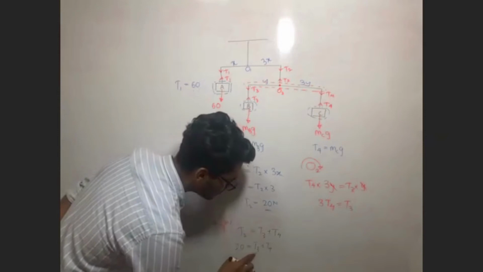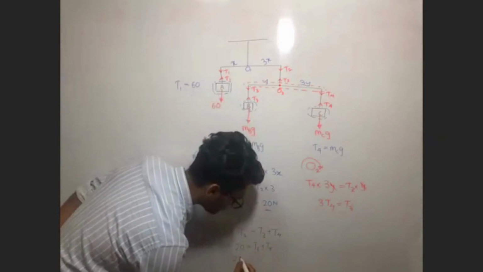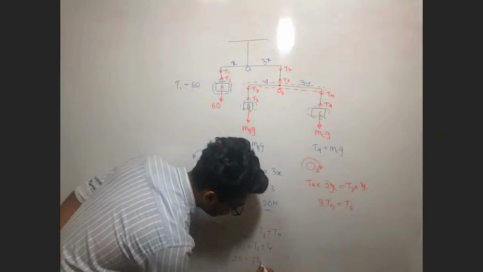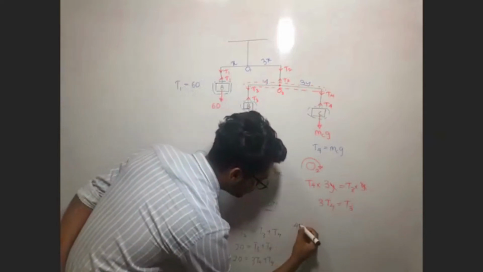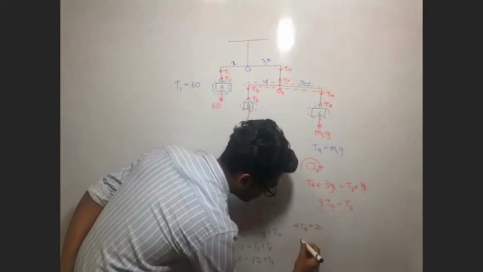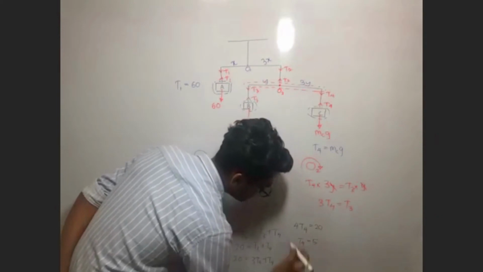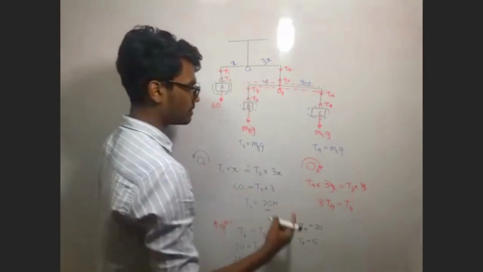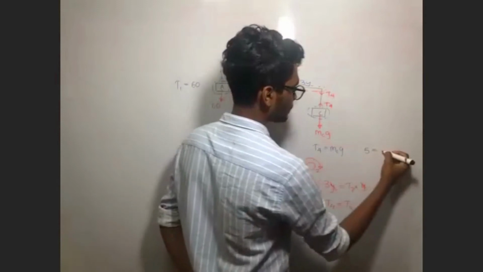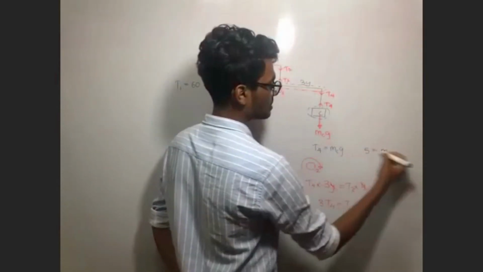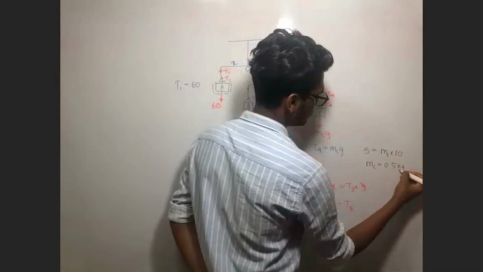We know that T3 is 3T4. So 3T4 plus T4, 4T4 is equal to 20. T4 is equal to 5 newtons. T4 is equal to 5, MCG, where g is 10, so the mass of C is 0.5 kilograms.